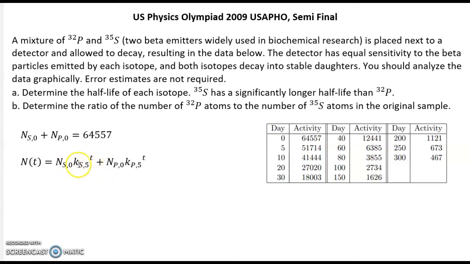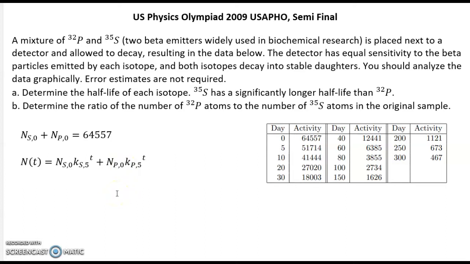Let's say KS5 is how fast activity is reducing after 5 days for element S, and KP5 is how fast activity is reducing for element P. So this is our main equation.